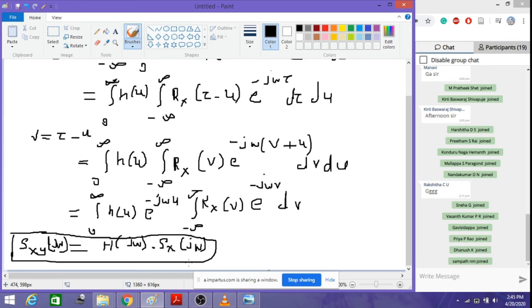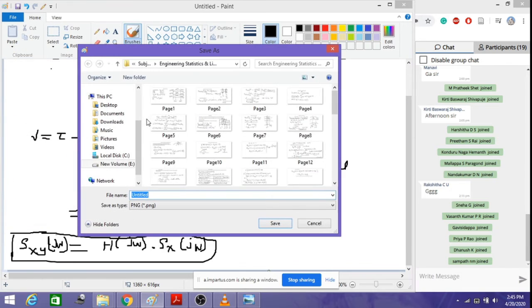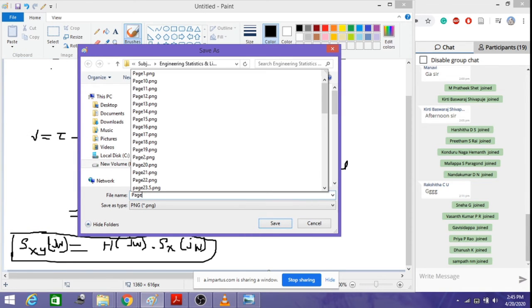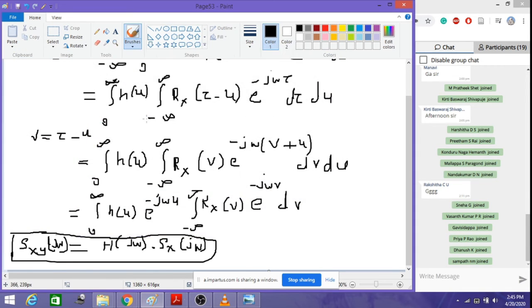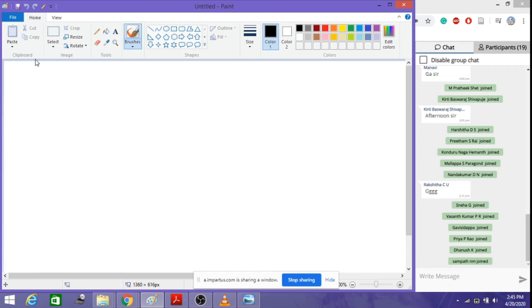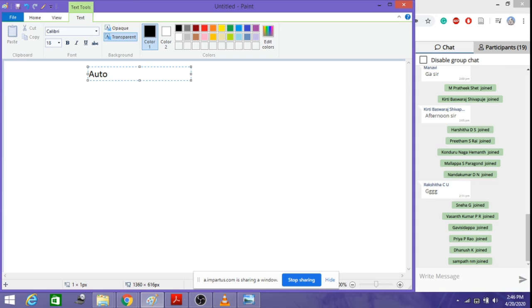Now let us look into the autocorrelation of this linear system. Let me save this page here. Let's quickly look into this autocorrelation process of this linear system.